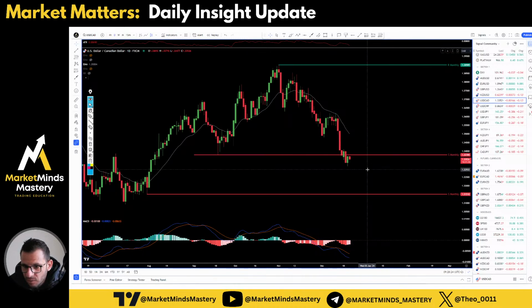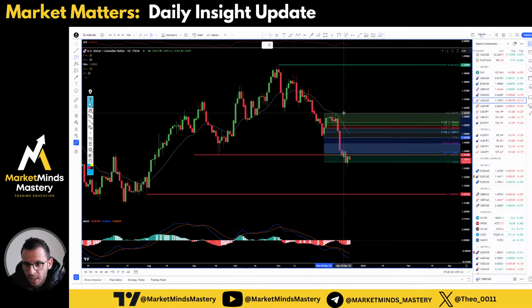So USD/CAD, we are still looking to sell. Price closed 2 days in a row below the monthly support, so it's a strong signal to sell. However, if you do some trend analysis here and find the extensions, price extension from here to there, the 2% is already achieved, and price might start retracing back.